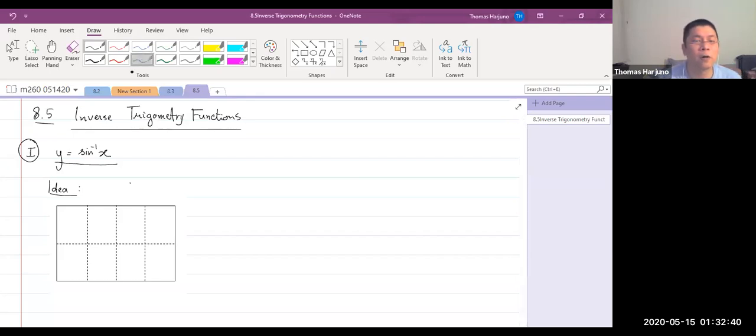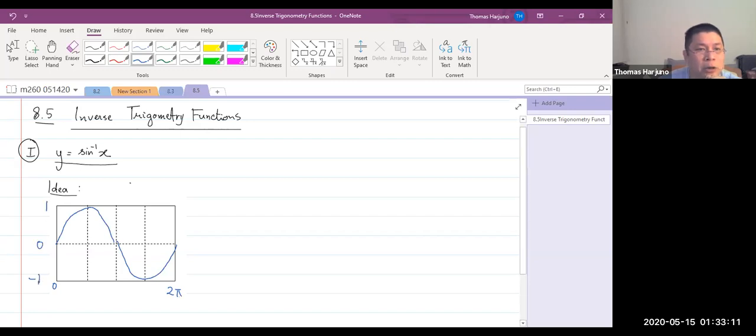The graph of sine function looks like this, right? That's from 0 to 2 pi. Now, apparently, it's not a one-to-one function. Now, I will try to do some restriction on this sine function such that it becomes one-to-one.